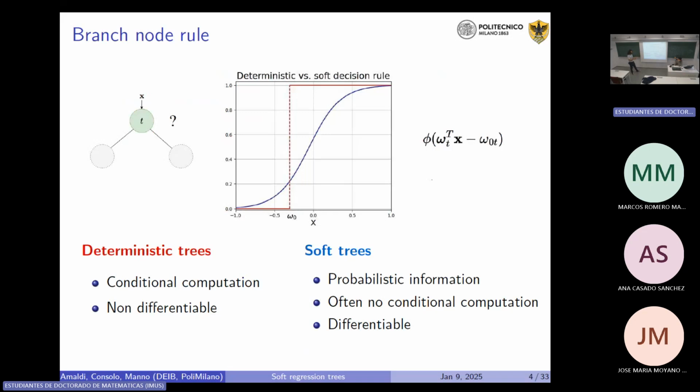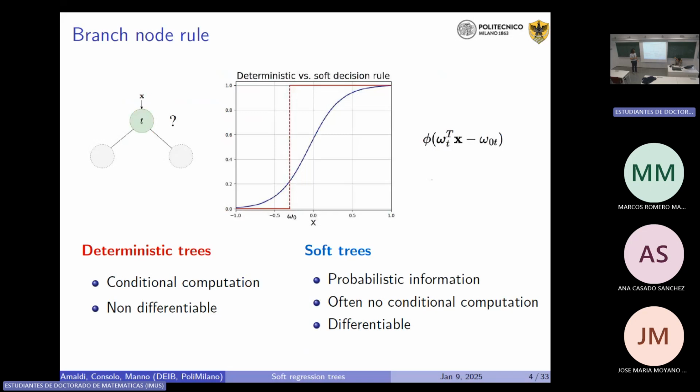This leads to different types of trees. The classical deterministic tree satisfies the conditional computation, but to train it you need to define a formulation that is not differentiable because you need to introduce binary variables, so it's really hard to train.